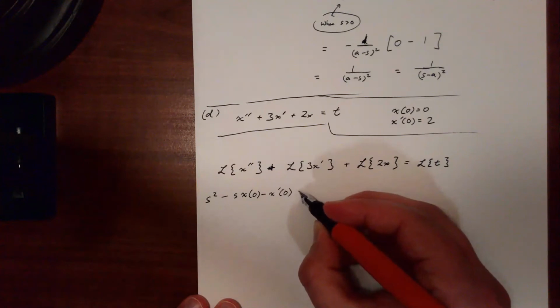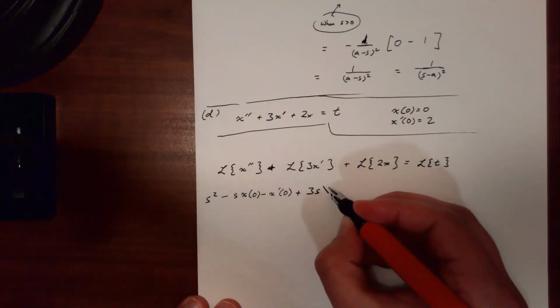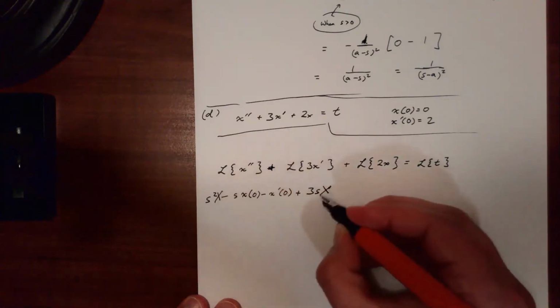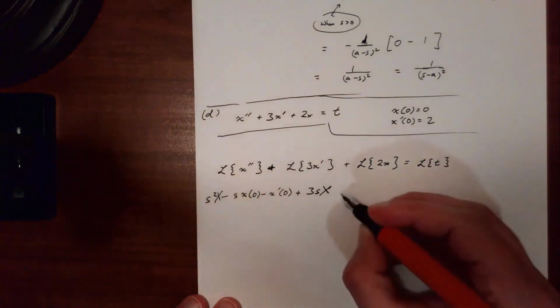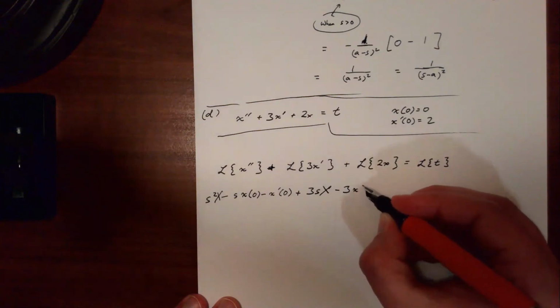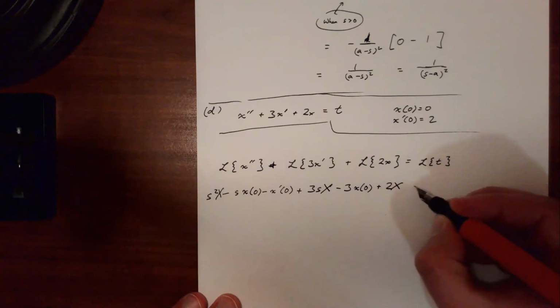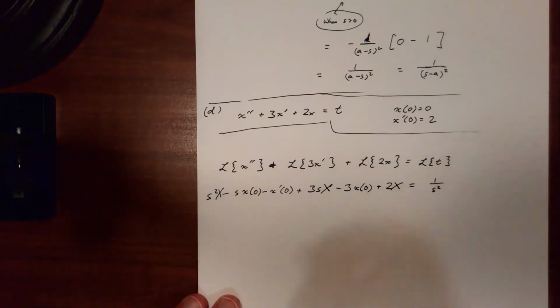Here, what are we going to get? Plus 3sX minus 3 x of 0 plus 2X. That's going to equal 1 over s squared. So this is on our table. It's a famous Laplace transform.